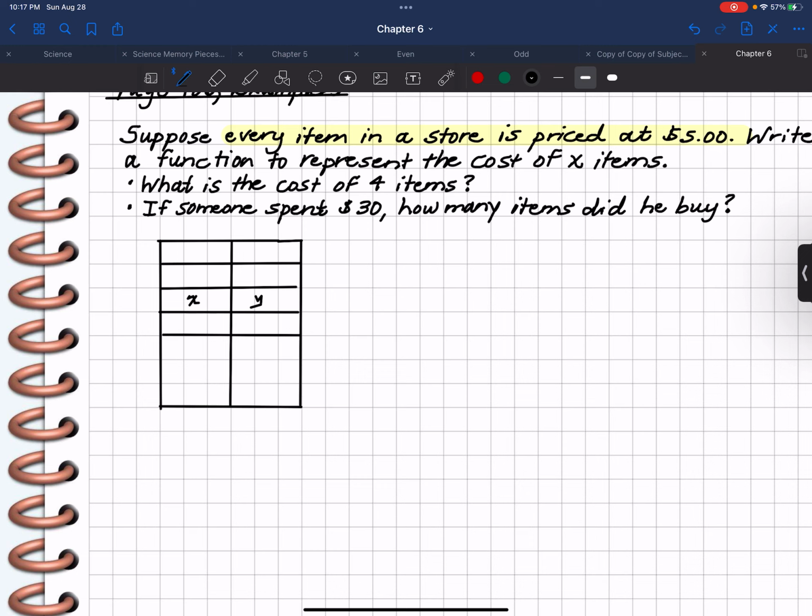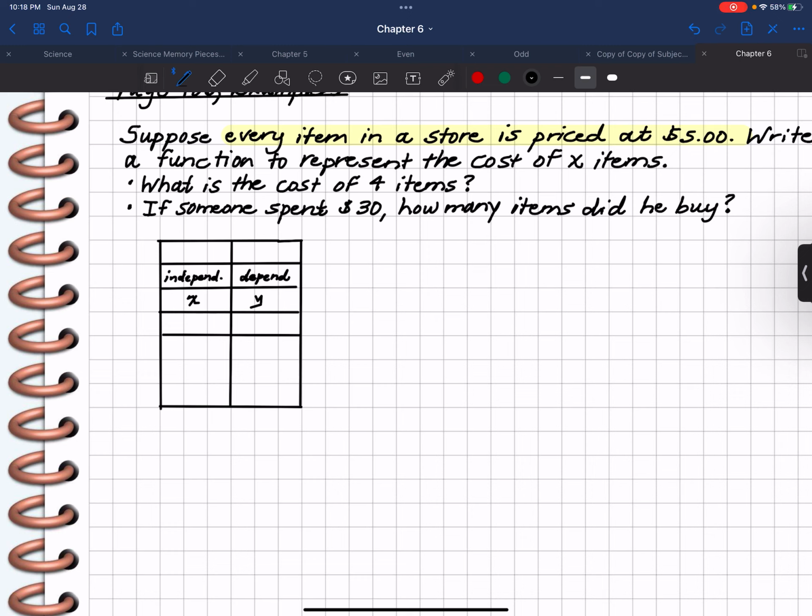So if I walk into the store, the independent variable, the thing that I choose, is how many items I'm going to buy. I can buy one, or I can buy 5 million if I want to. It's up to me how many I will buy. And depending on what I choose, we're going to be looking at dollars.